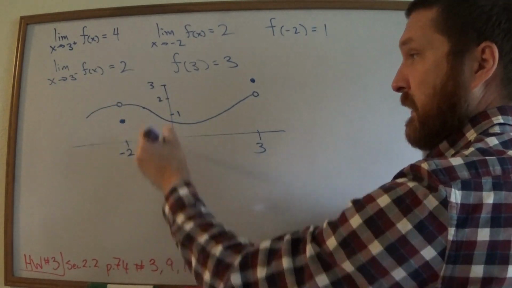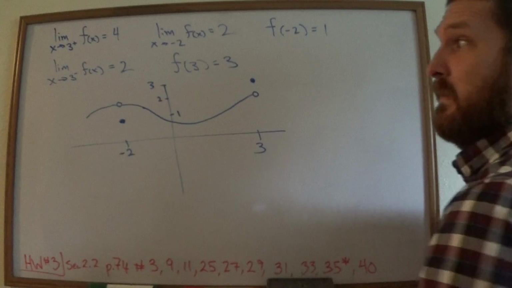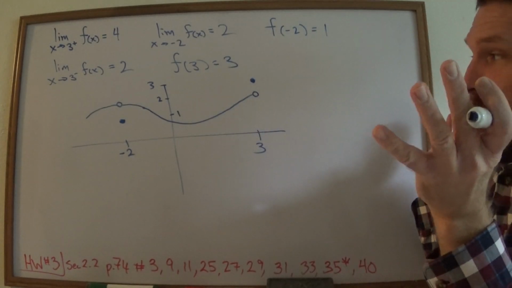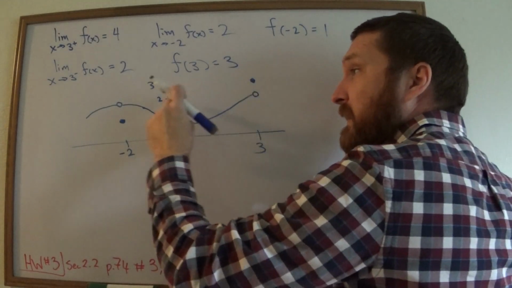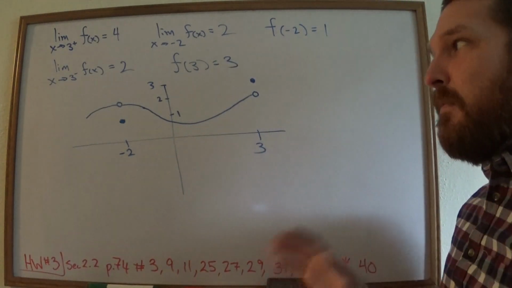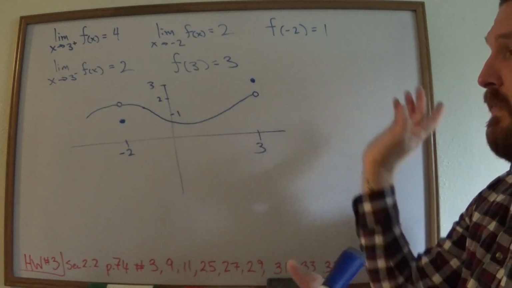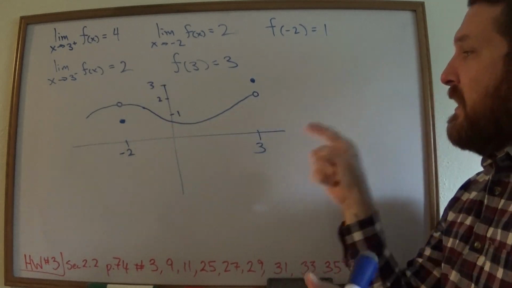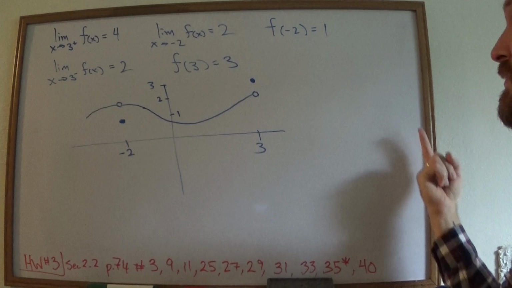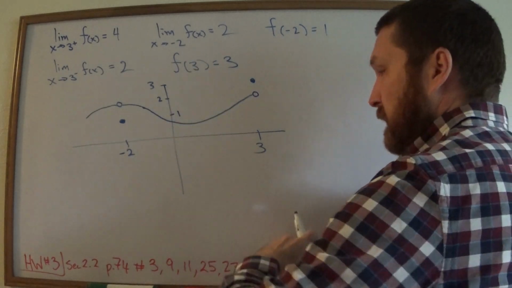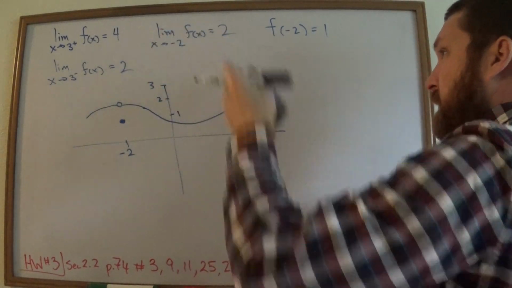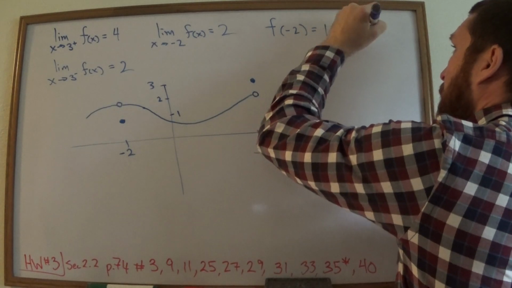Maybe it came up and came down, maybe there's an asymptote they didn't tell me about. It might just be a straight line for all I know, but there's no information on that yet. So this is all I'm going with. I could connect those in any way that I want. Now as I approach 3 from the right, it goes to 4. So I'm going to need a little bit more room here. That was f of 3 equals 3.